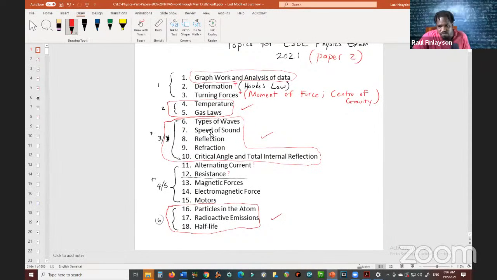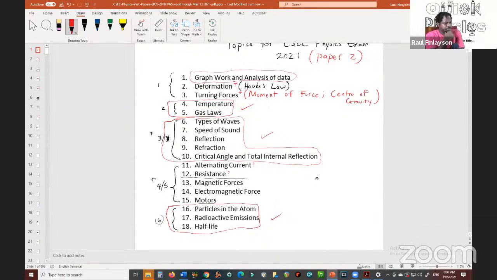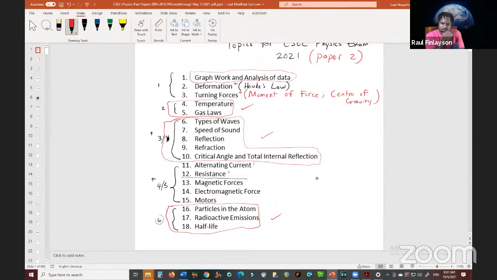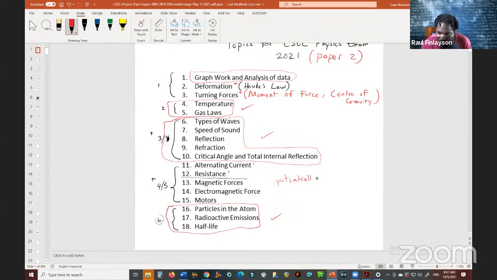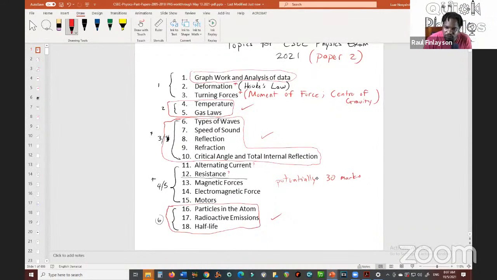All right. Now, this is especially 13 to 15, magnetic forces. This is a big deal. This could be potentially 30 marks. It's big. 30 out of 100 is 30%.